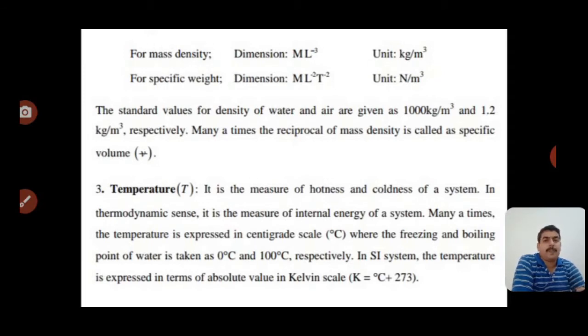Therefore, temperature in the case of water or fluid is very important. The freezing point is reached when the temperature decreases to 0 degrees centigrade.